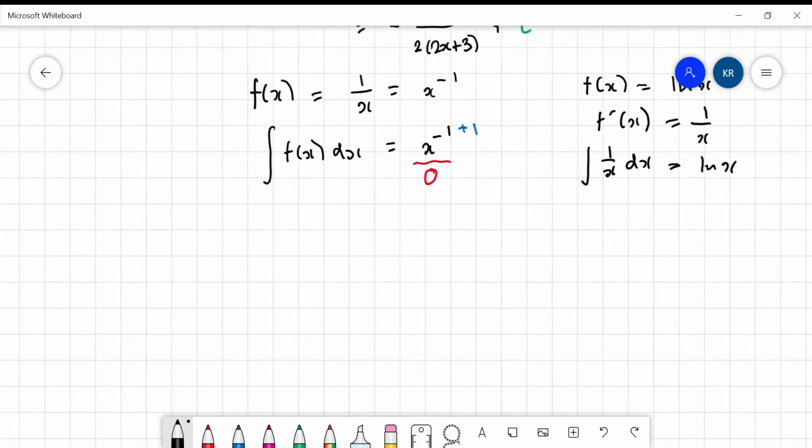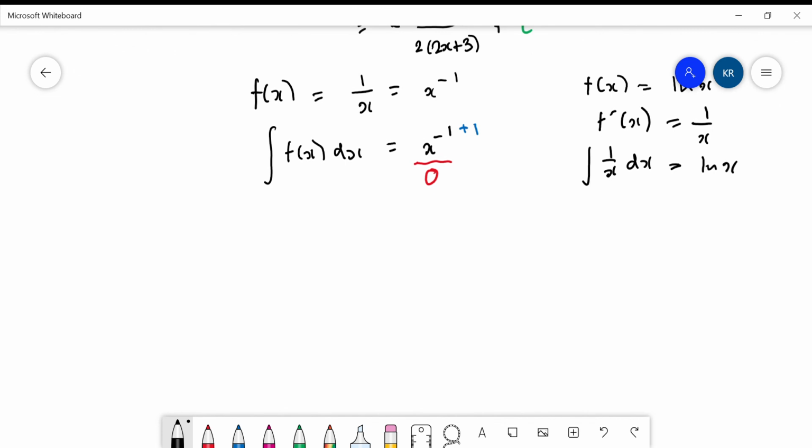So now if you have something like f of x is equal to 1 over ax plus b, sorry, let me make it 1 over 2x plus 3.